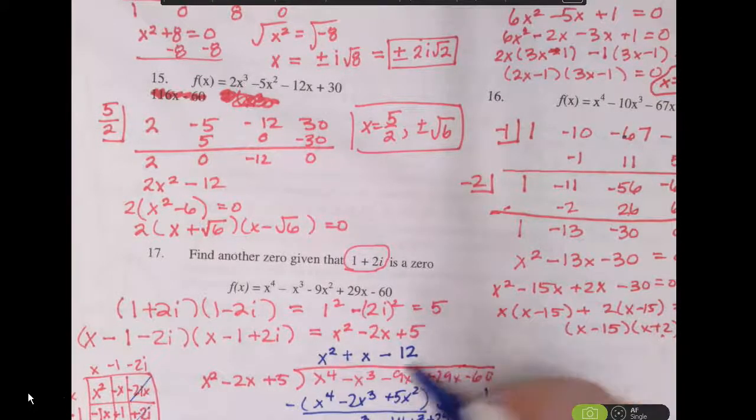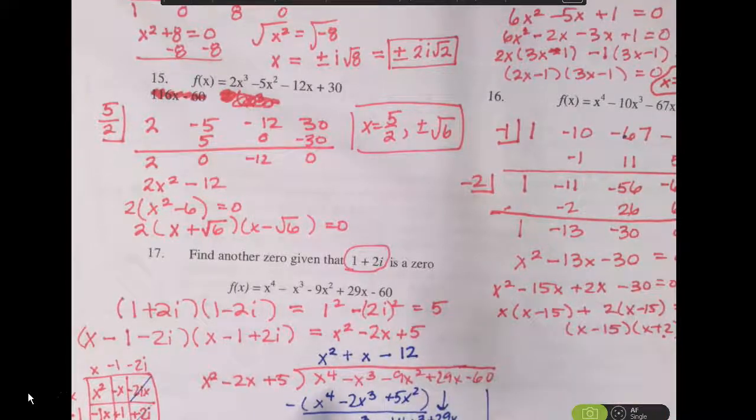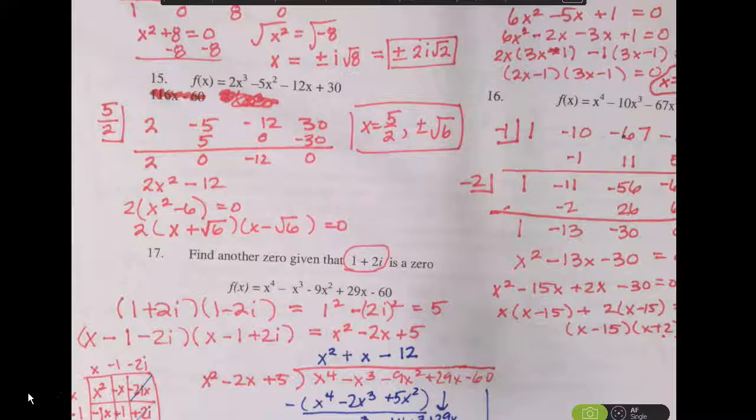Okay, so x squared plus x minus 12, if that's what I need to factor, I need two things that multiply to equal negative 12 that add equal 1. So that's going to be a positive 4 and a negative 3. So I end up with a nicely factorable polynomial. So I actually can get all the zeros here.